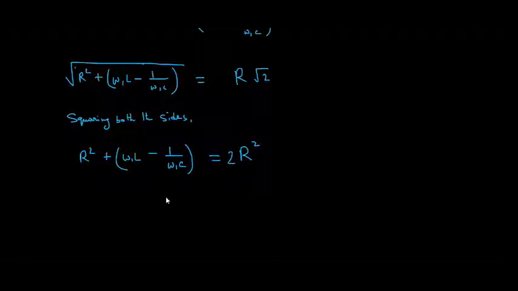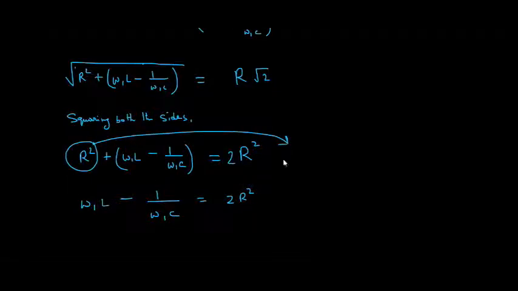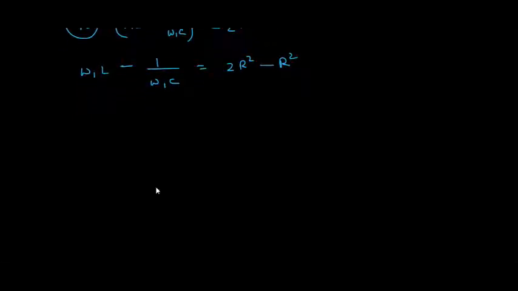Now omega 1 L minus 1 by omega 1 C is equal to 2r square, and this r square will go to this side, so it will be minus, this was plus. So we have omega 1 L minus 1 by omega 1 C is equal to 2r square minus r square, that is r square.